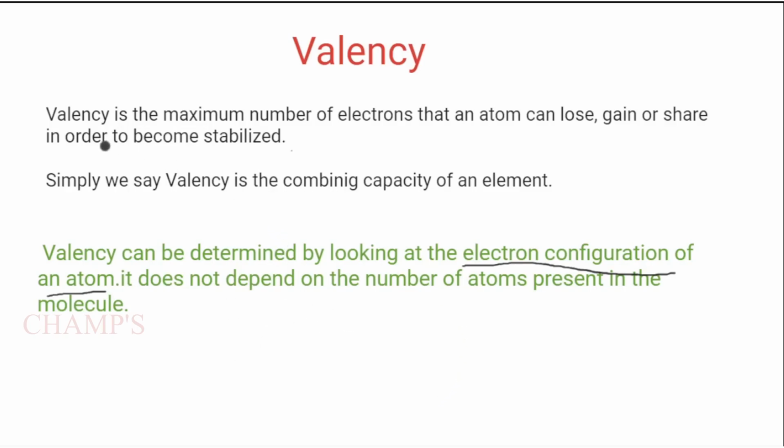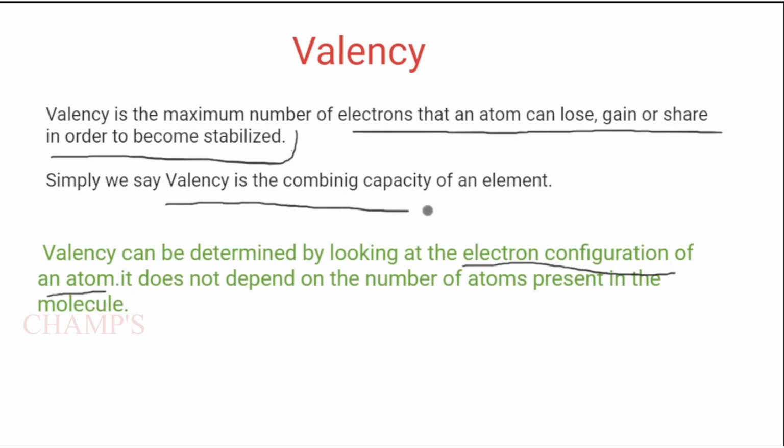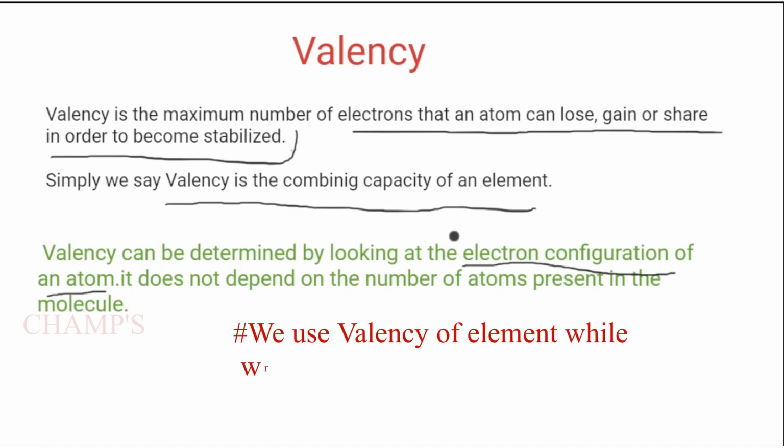What does the definition of valency say? It says that valency is the maximum number of electrons that an atom can lose, gain or share in order to become stabilized, or simply we say valency is the combining capacity of an element. So whenever we write any chemical formula or try to stabilize, we always talk about valency. We don't talk about the atomicity of the element.